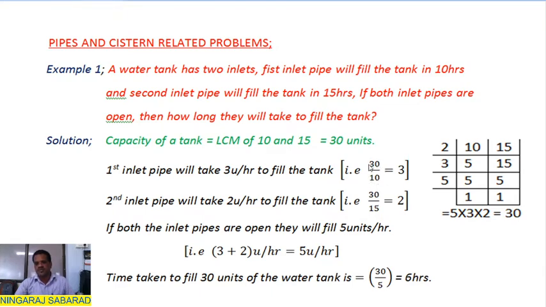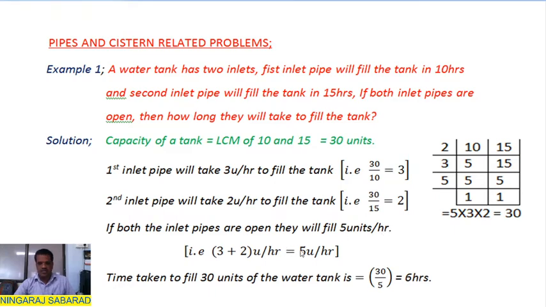If we divide the capacity by the time, we get 3. That gives the rate of filling from the first inlet pipe. Similarly, the second inlet pipe will take 2 units per hour to fill the tank. Here 30 is the capacity and 15 is the time taken by the second inlet pipe.